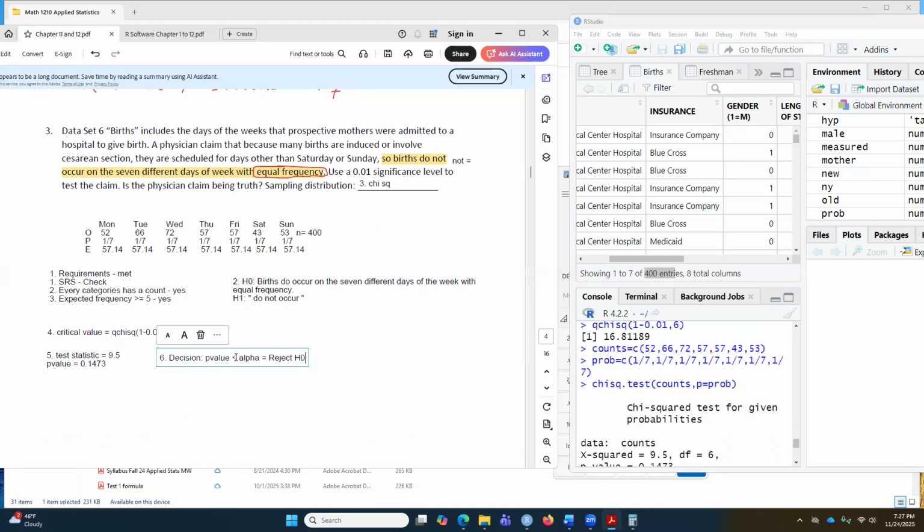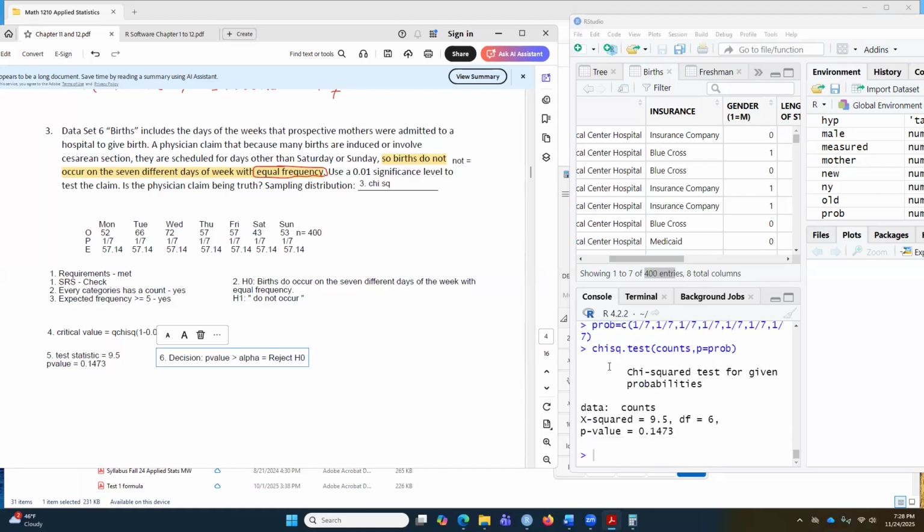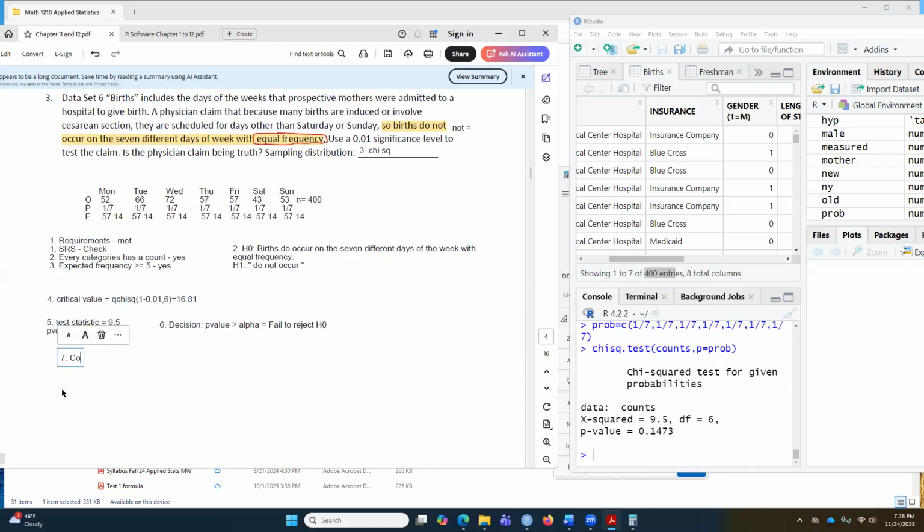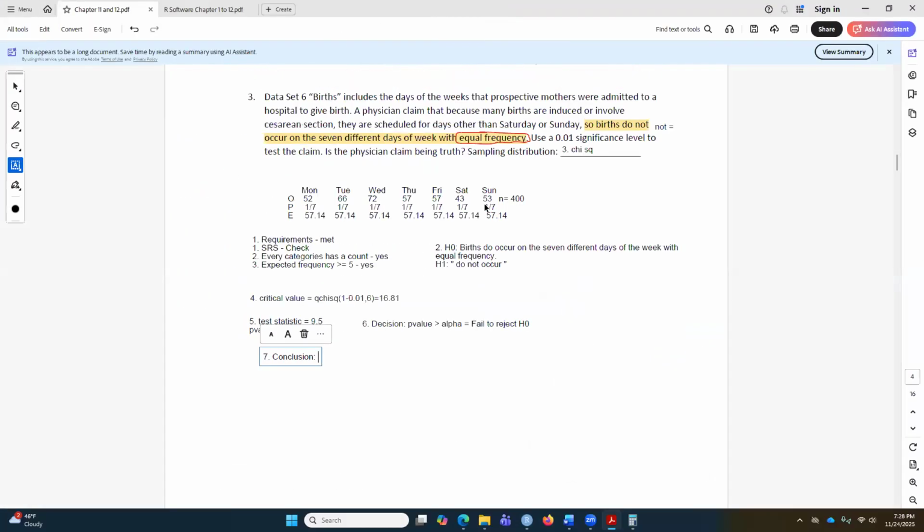Unfortunately, for the decision, the p-value we have here is not less than alpha. Your p-value in this case is greater than alpha. We will fail to reject the null. 7 is the conclusion. And then now we will look again back to your original claim.